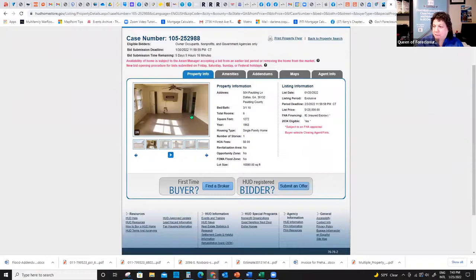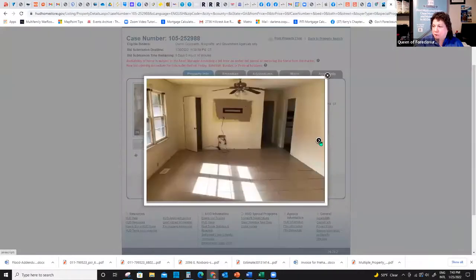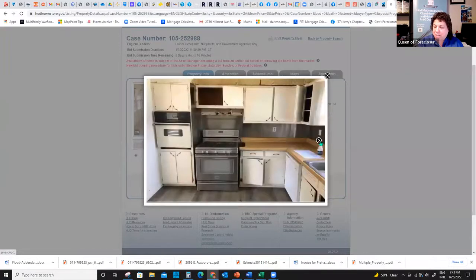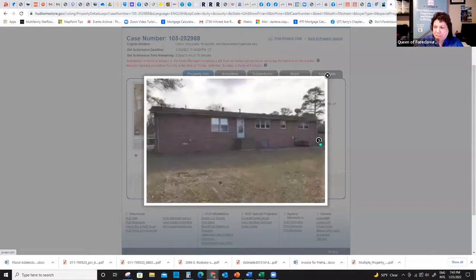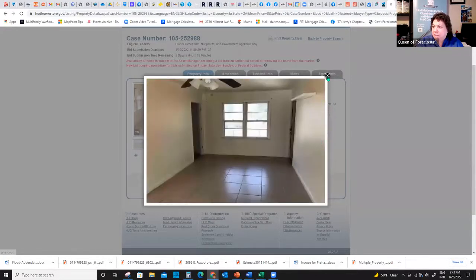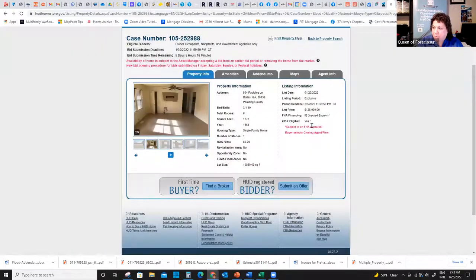According to them, an owner occupant could buy it, but there are some repairs that have to be done before this would qualify for an FHA home. I don't have much time left, only 15 minutes, but in some cases it'll detail for you what needs to be done.